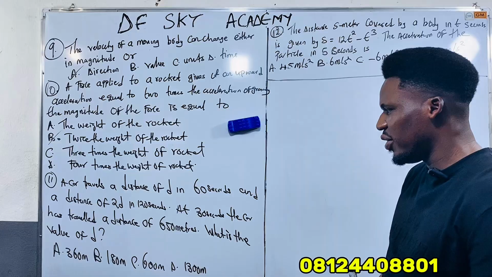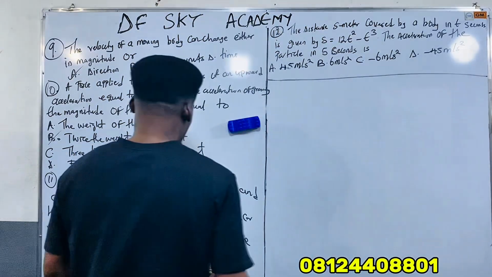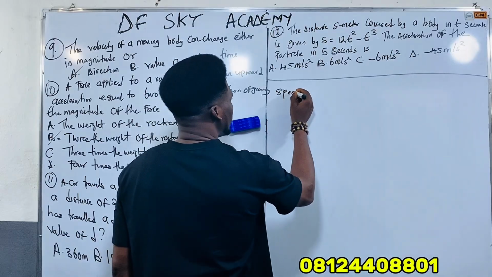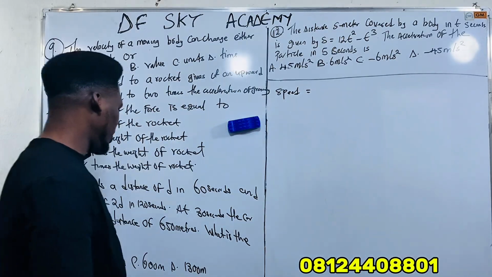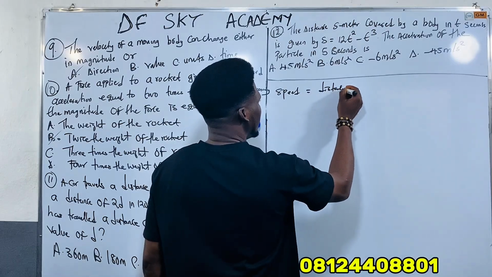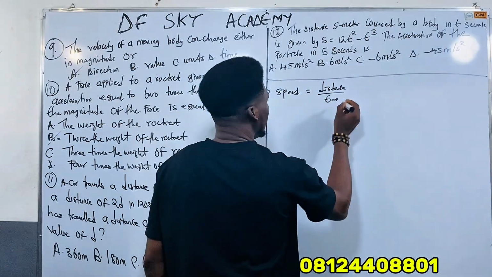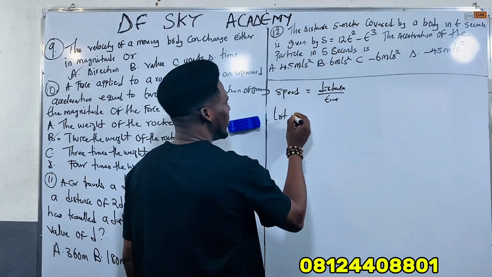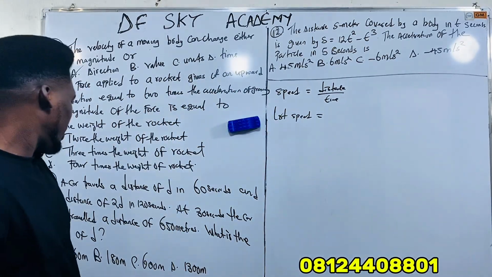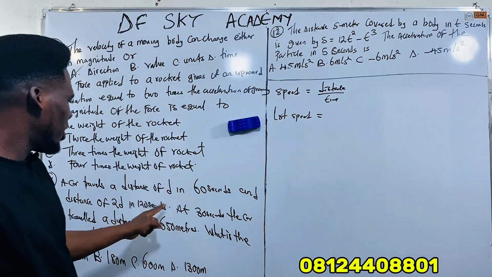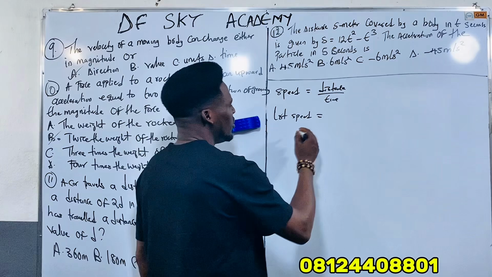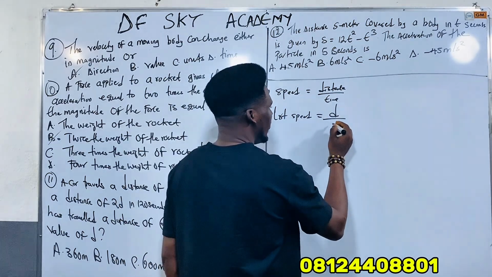So how do we get the value of d? Okay, can you remember the speed? What is the formula for speed? Speed is distance over time, right? That means the first speed, what is the first speed? Because the car traveled a distance of d in 60 seconds, the first speed is d over 60.